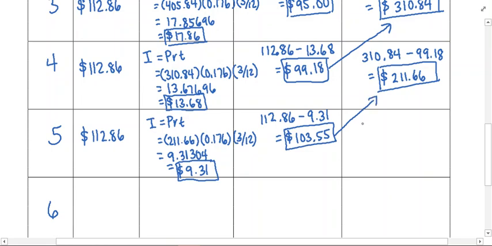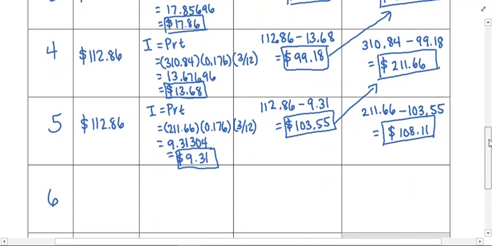After the fifth payment, what do you owe on the $584 purchase price? You owe $211.66, the previous balance, minus this non-interest part, which is $103.55. You still owe $108.11. All right, one more payment to go.